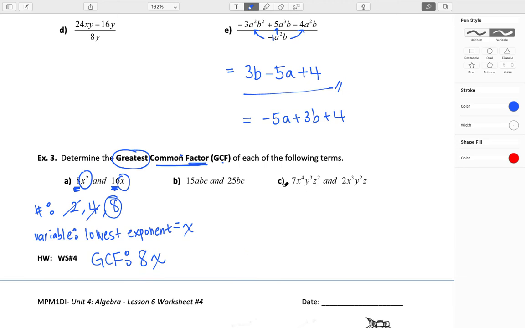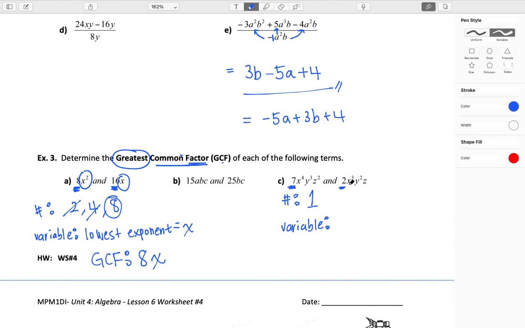Now let's try letter C. Let's try the numbers first. What number goes into 7 and 2? Well, if you do your multiplication, no common number goes into 7 and 2. They're not multiples of each other. So in this case, it's just 1. No other number other than 1. Now for the variable, again, like I said, it needs to have the same letter and the lowest exponent.